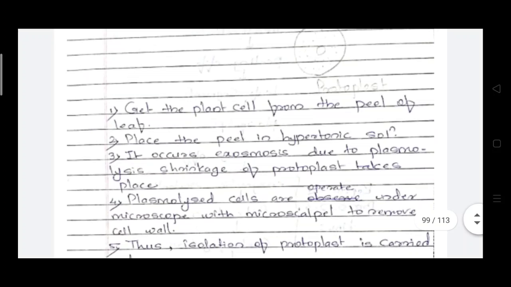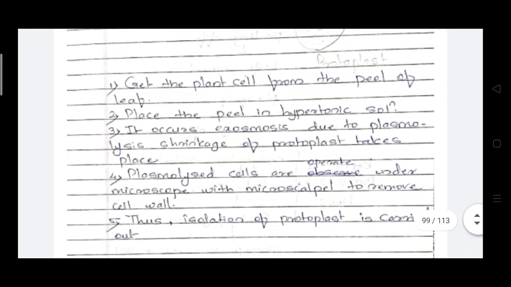For removing the cell wall, get the plant cells from the peel of the leaf, then place the peel in hypertonic solution. Exosmosis occurs, and due to plasmolysis, shrinkage of protoplast takes place. The plasmolysed cells are operated under a microscope with a microscalpel to remove the cell wall. Thus the isolation of protoplast is carried out.